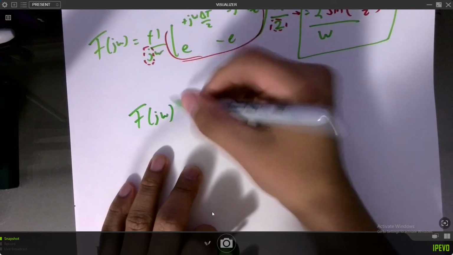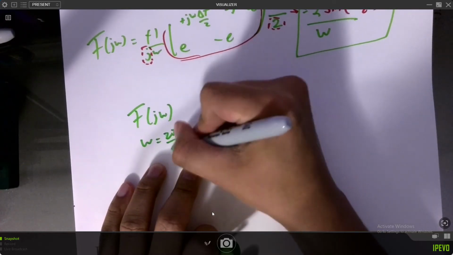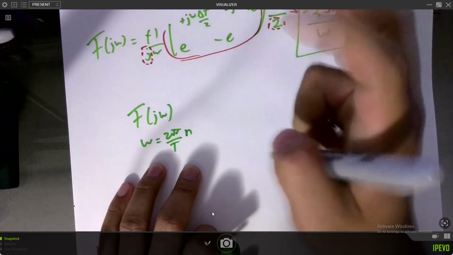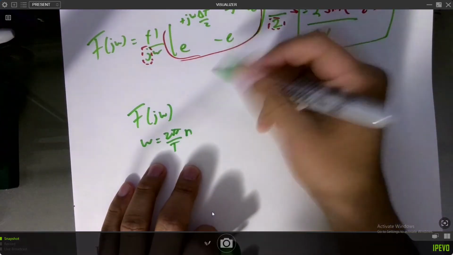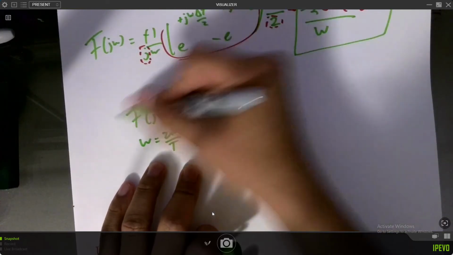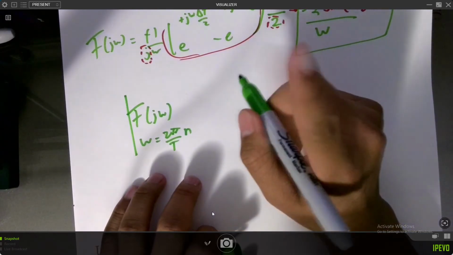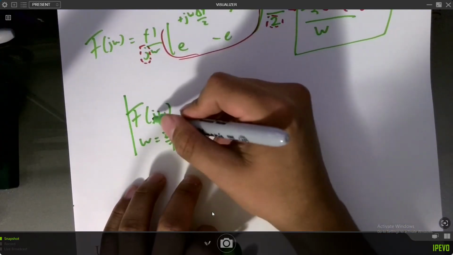If we take a sample where omega is equal to 2 pi n over T, we're sampling the Fourier transform in terms of n. So let's sample this one right here.